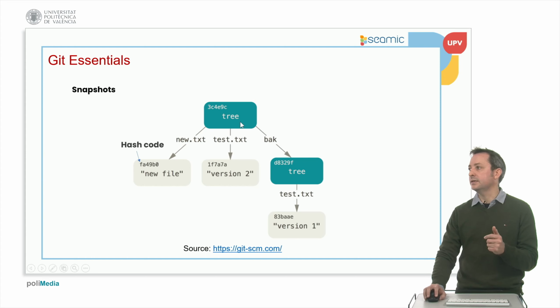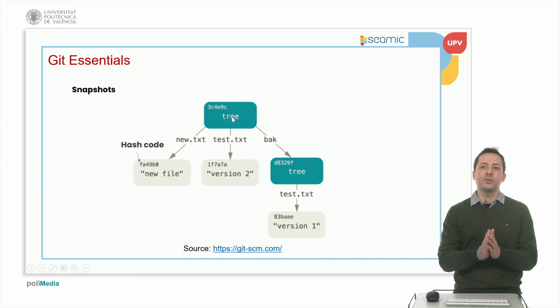Here you can see the root snapshot that defines 3 different pieces of information: 2 files, the file new.txt and the file test.txt, and then another folder with some information and some different files.